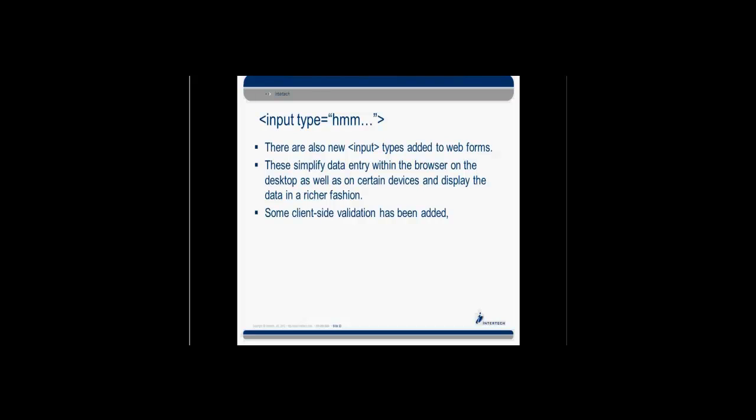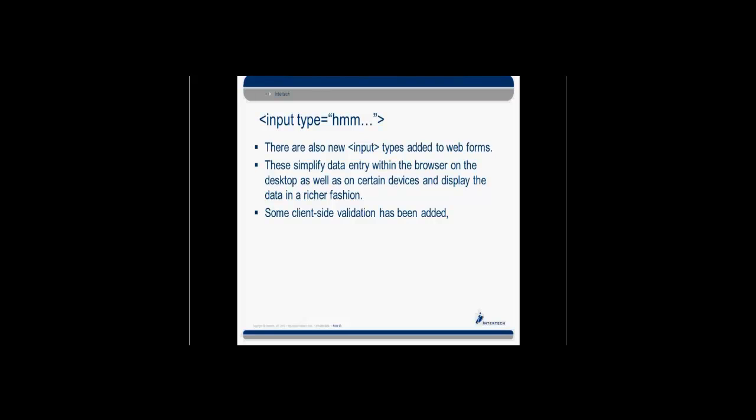When we talk about Web Forms 2.0, one of the things that was included in HTML5 is new input types. We're always used to seeing the input tags for input type equal button, input type equal text, input type equal hidden. Well, what about all the other input types? Opera really embraced this, and today, to be honest, their browser is the only one that really supports most of these. But they actually created several different input types. For example, there's a type equal TEL for telephone.